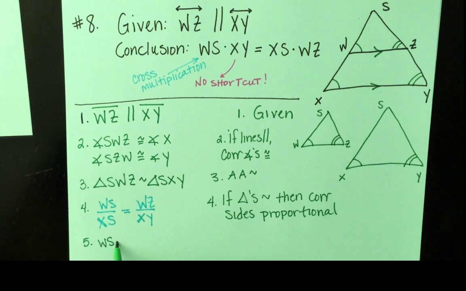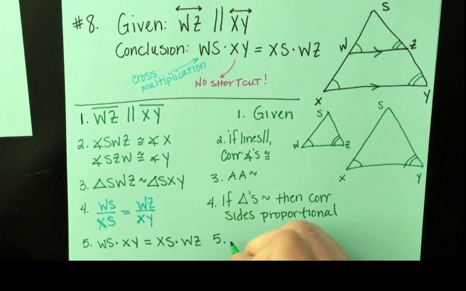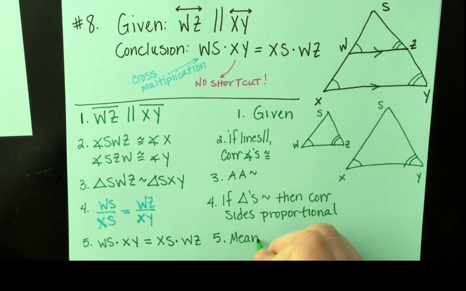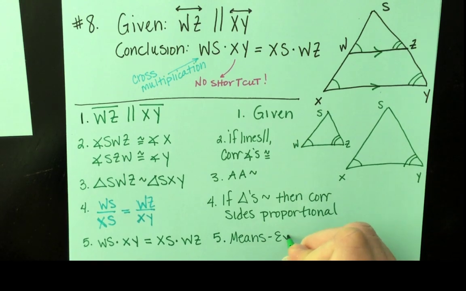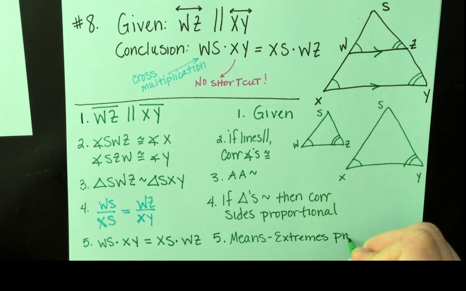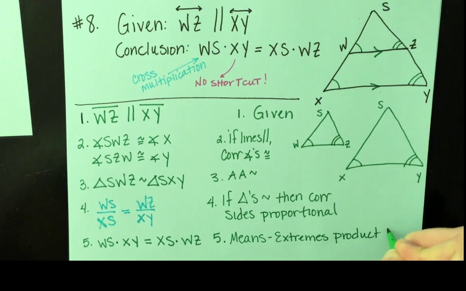So we do have WS multiplied by XY will equal SX times WZ. And we don't say cross multiply. We do, however, call it the means extremes product theorem.